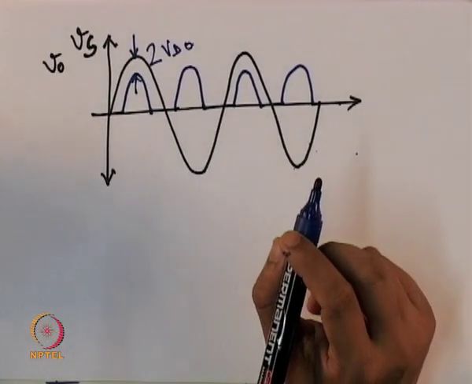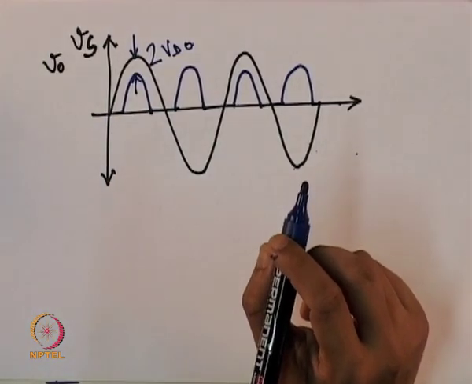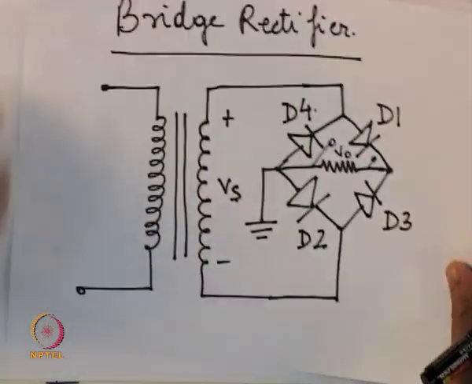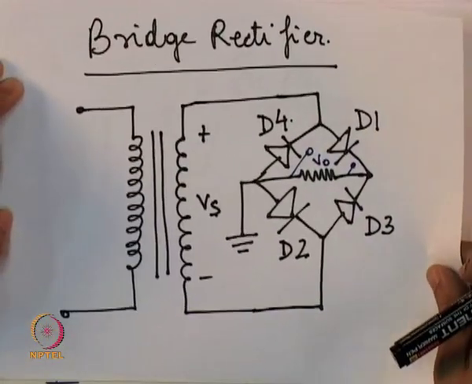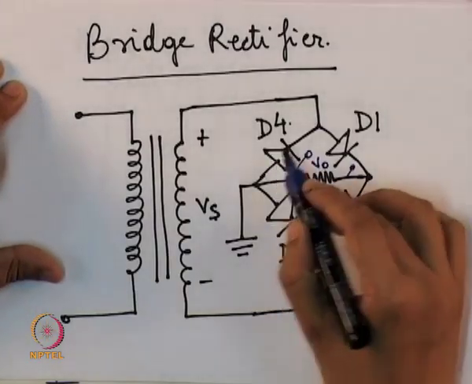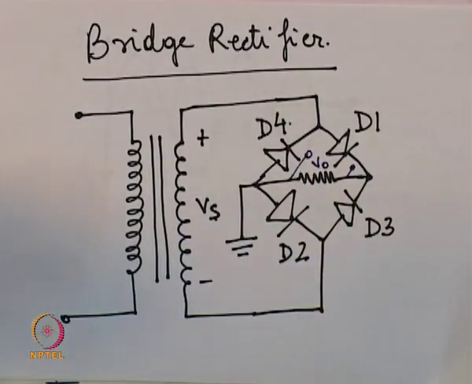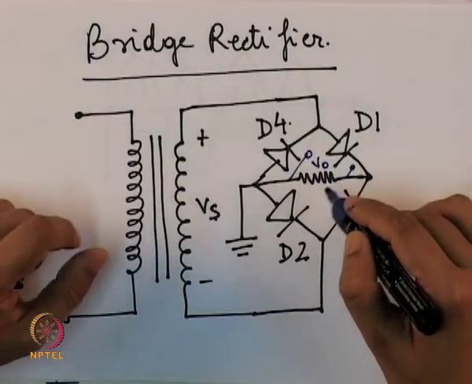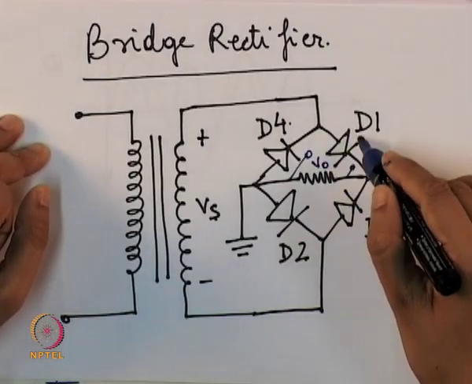However, what about the peak inversion voltage? Now, let us consider the case when diodes D3 and D4 are conducting. Then what is the voltage across the diode D1, say?